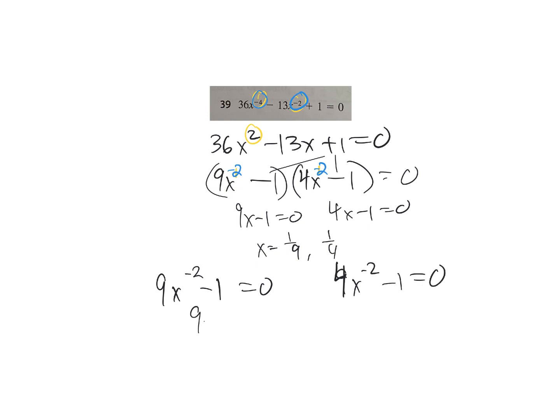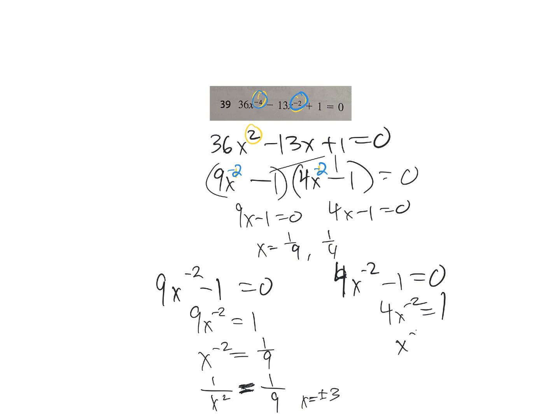Let's add 1 to the right. We'll divide by 9. Now you have x to the negative 2. Isn't that just 1 over x squared and 1 over 9? Well, doesn't that mean that x squared has to be 9 if they're equal? So that means x is positive or negative 3. Same thing over here. Add 1, you get 4x to the negative 2 equals 1.